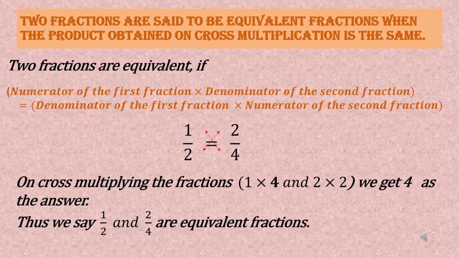So 2 into 2. What is the answer that we get when we multiply 1 by 4 and 2 by 2? We get the same answer, that is 4. So we can say that 1 by 2 and 2 by 4 are equivalent fractions.